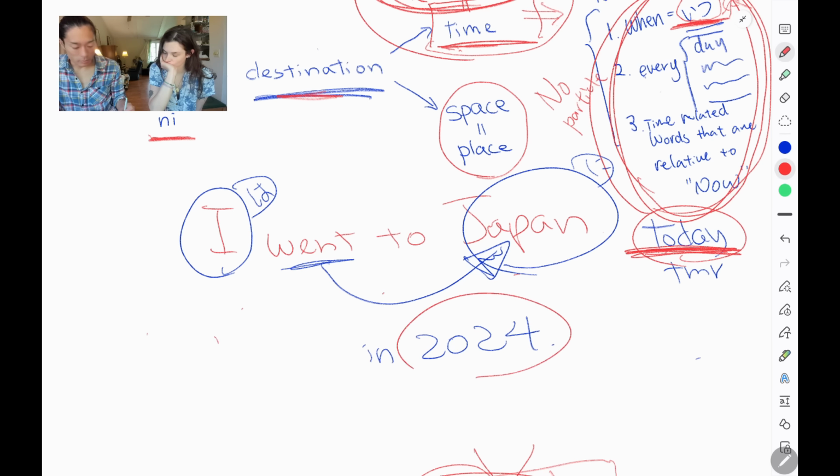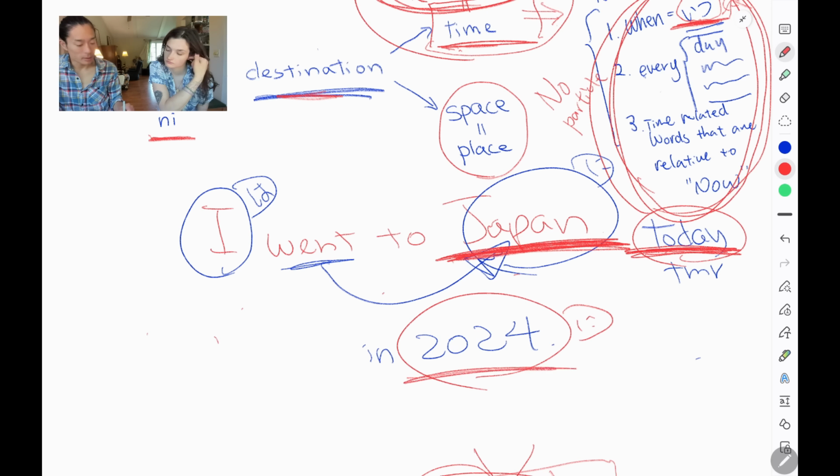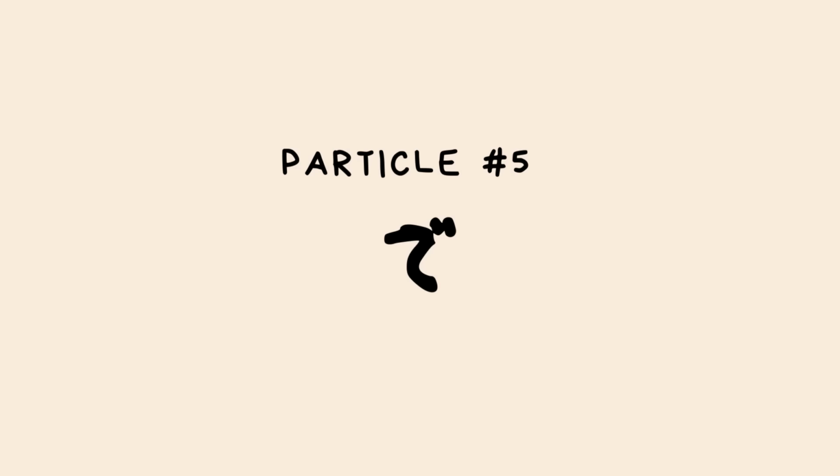After this noun, what would you put? Ni. Good. Another ni. So if you say I went to Japan, Japan gets the ni. And if you said I went to Japan in 2024, then the ni goes to 2024. This is the destination in terms of space. This is destination in terms of time. Right.